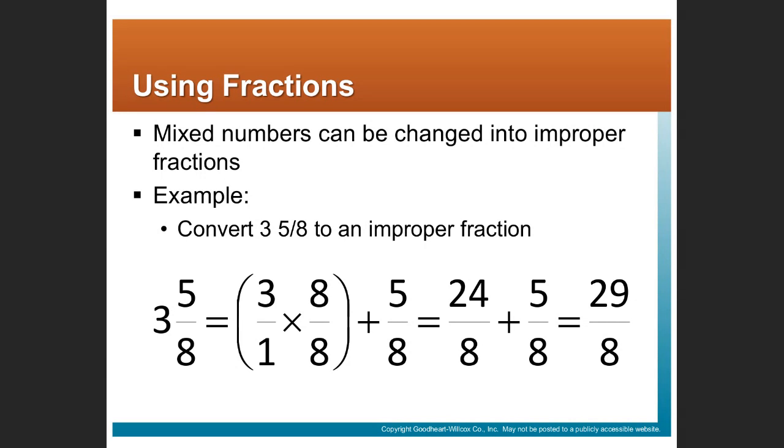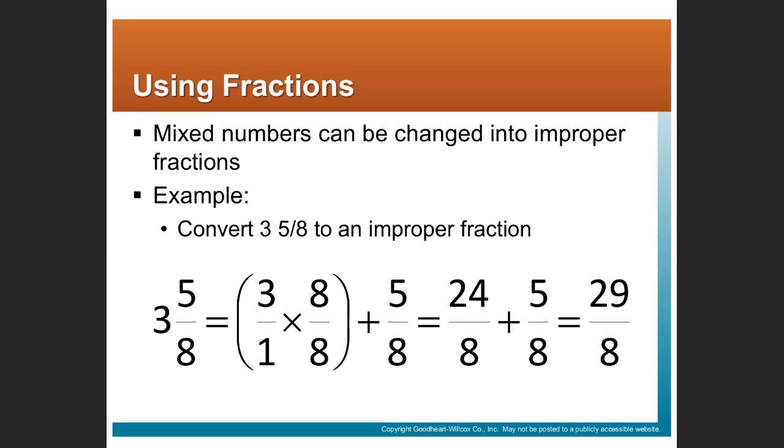So 3 5/8. We can take the 3 and multiply it by 8/8. So that becomes 24/8 plus 5/8 equals 29/8. So 3 5/8 is the same as 29/8.